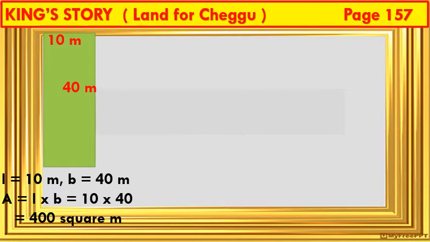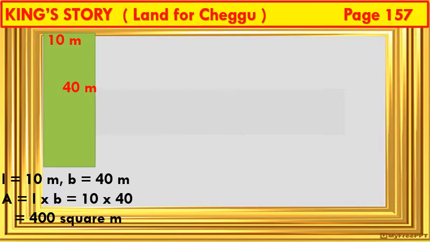So, as gifts, the king wanted to give some land to Cheggu and some gold to Anar. Children, again listen. The king wanted to give some land to Cheggu and some gold to Anar.